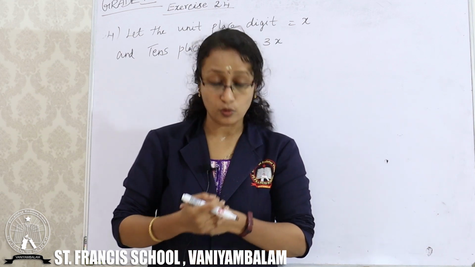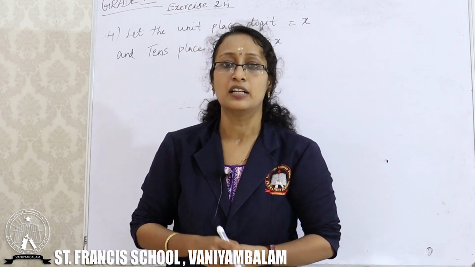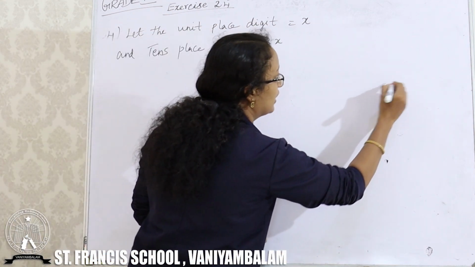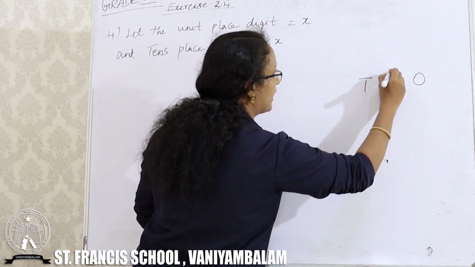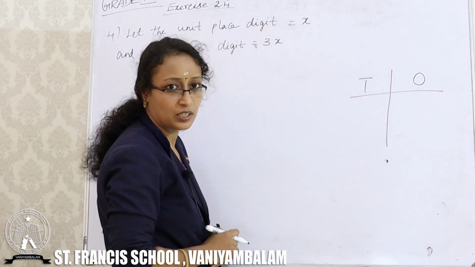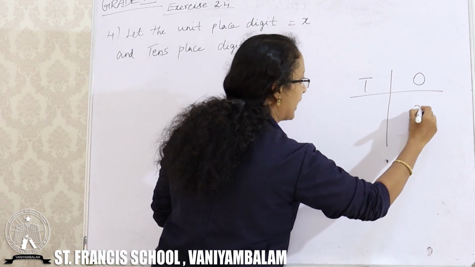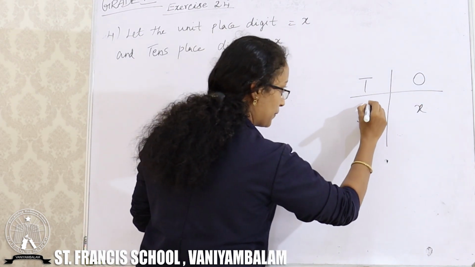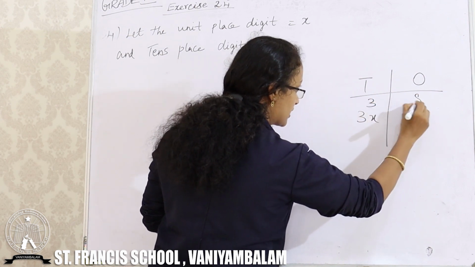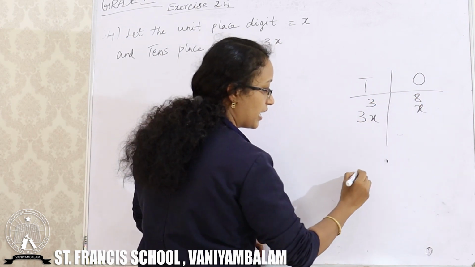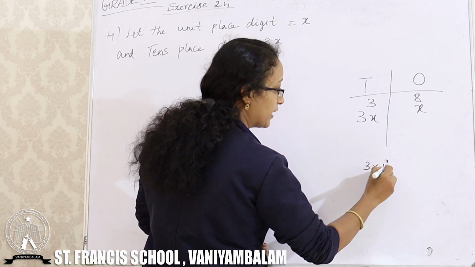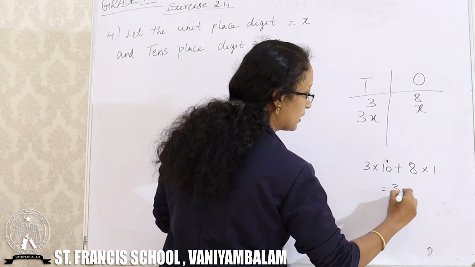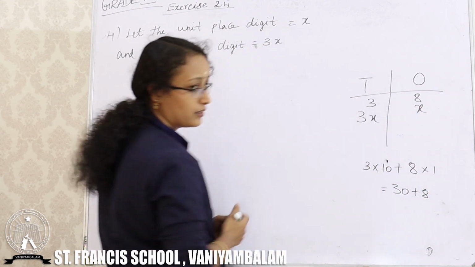Let us find the original number first. How will you find the original number? Here we have ones place and tens place, right? Ones place we have x and tens place we have 3x. For example, 38: how will you write this 38? 3 into 10 plus 8 into 1, which is nothing but 30 plus 8 is 38, right?